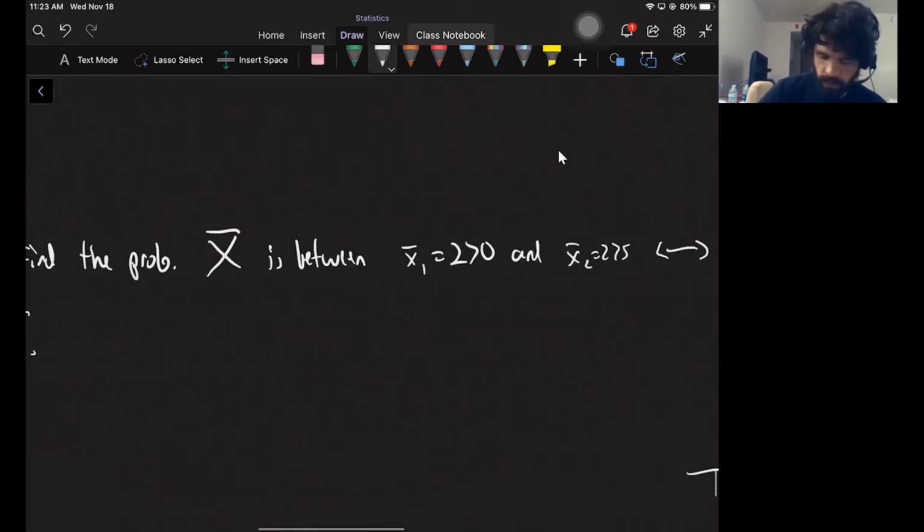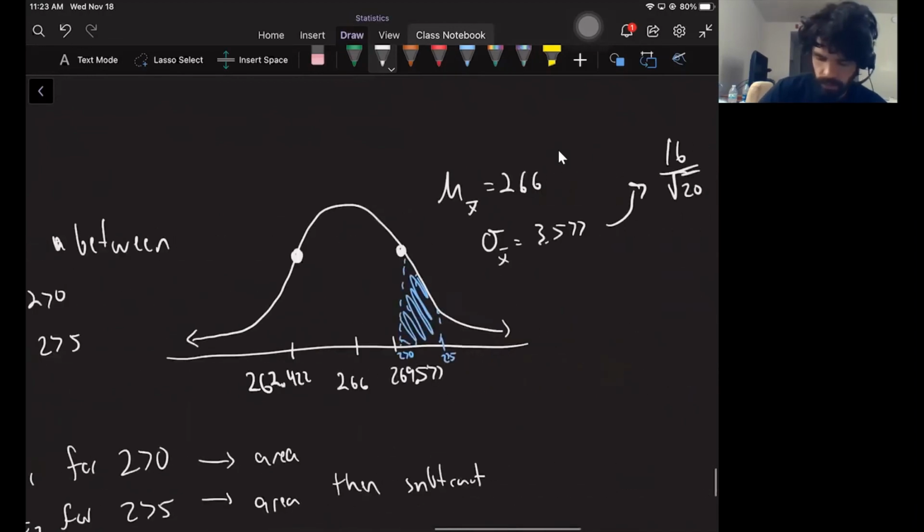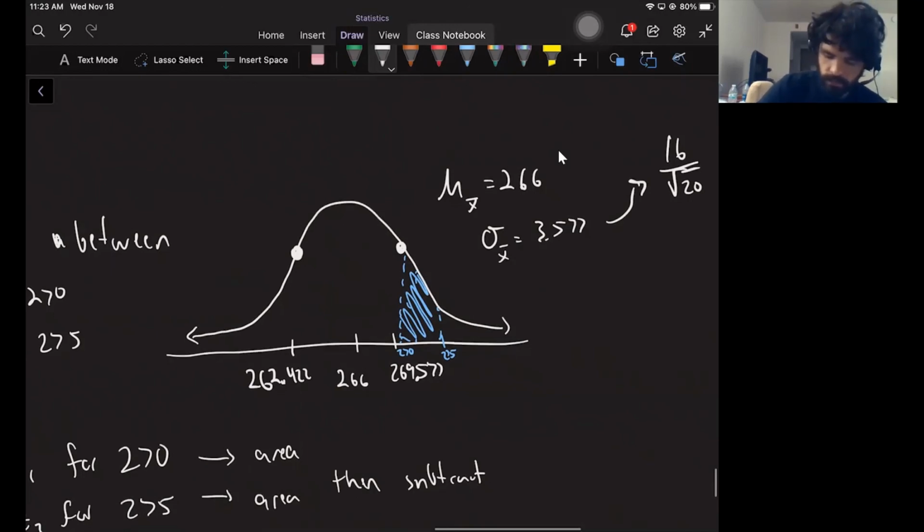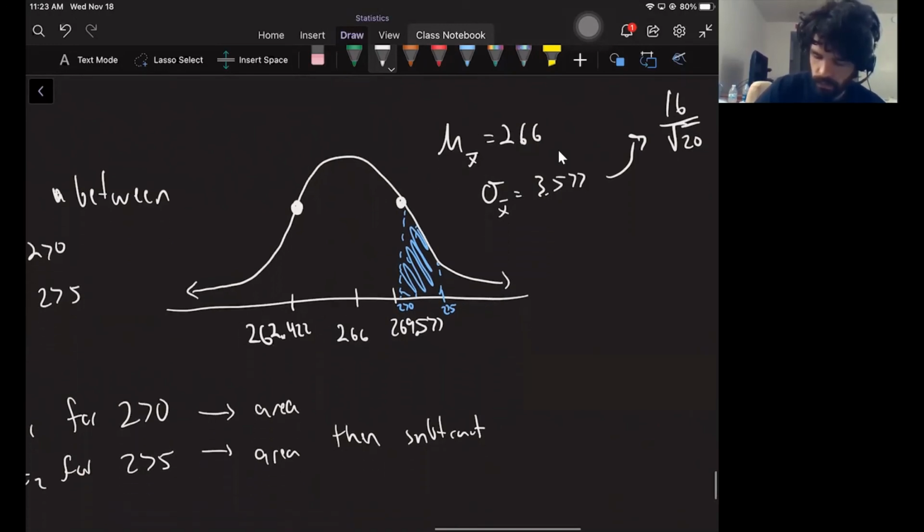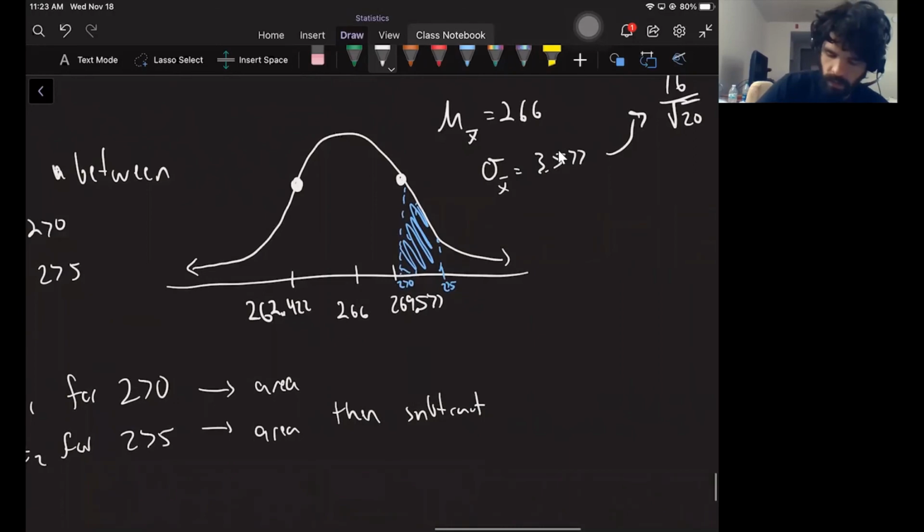But finding area below just means that this area would be your answer because that's the area below 270. But finding the area above would be doing 1 minus the area below.